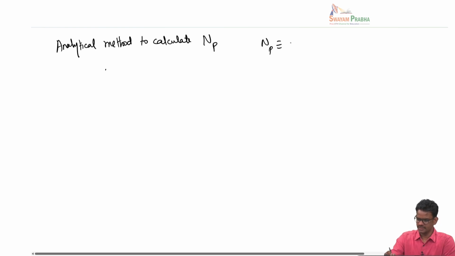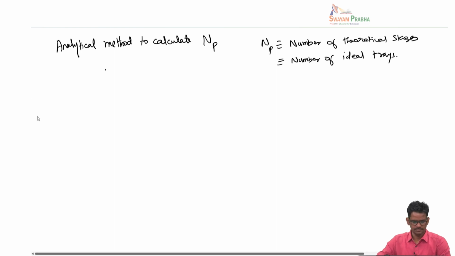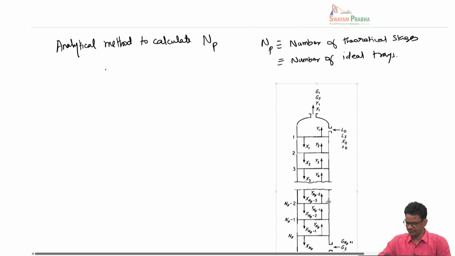So NP is the number of theoretical stages, or you could say the number of ideal trays. So the same figure that I showed before.